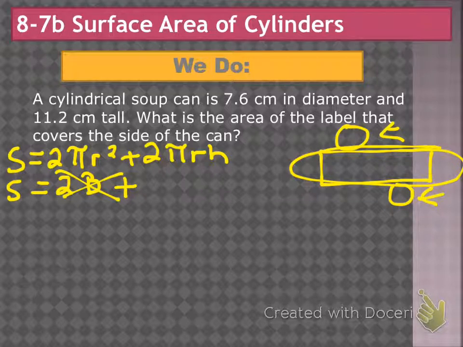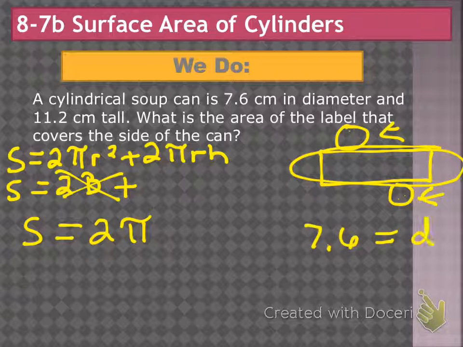We're not including the bases. So to find it, we're just going to use this last part, which is the 2 pi times my radius.